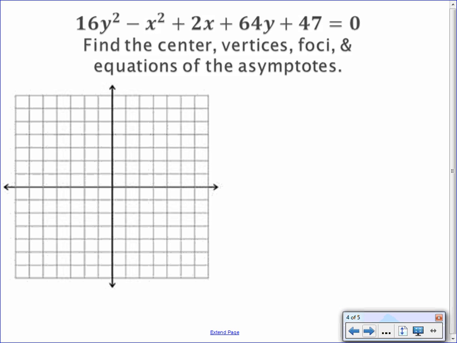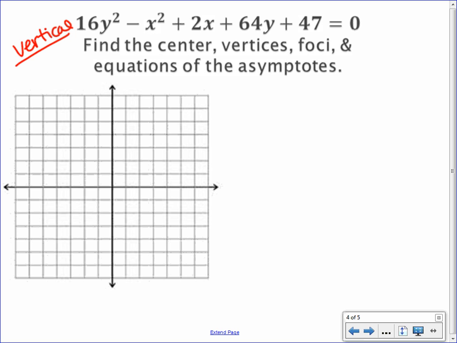Since the x squared is negative and the y squared is positive, we know this is going to be vertical. But what do we need to do? Complete the square. Why? Because it's non-standard form. We need to put it in standard form.